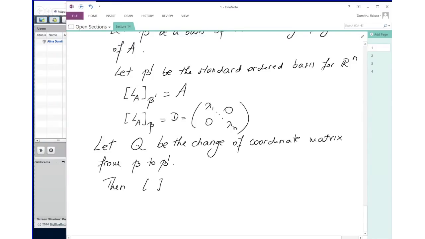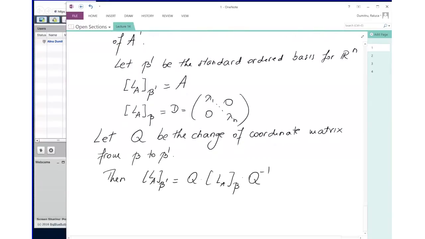And the matrix of any operator, like L sub A, in beta prime, is Q times the matrix of that operator in beta times Q inverse. Right, that's something that we proved a while ago. We used this result before.